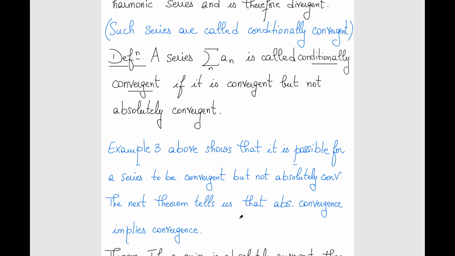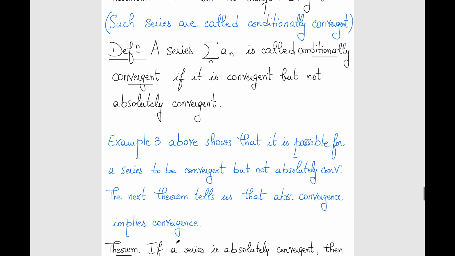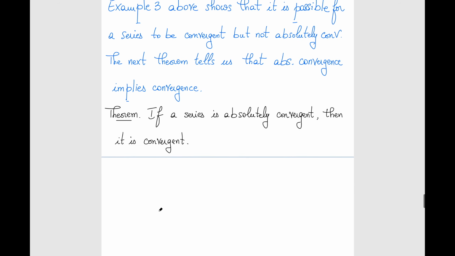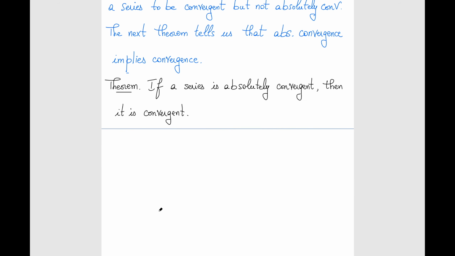It forces it. Okay, let's see the detail. Every series which is absolutely convergent must be convergent. So if a series converges with the bars around its terms, then if you drop the bars, it's going to also converge. This is what the theorem is saying. Let's try to prove this theorem. How do we prove this one?